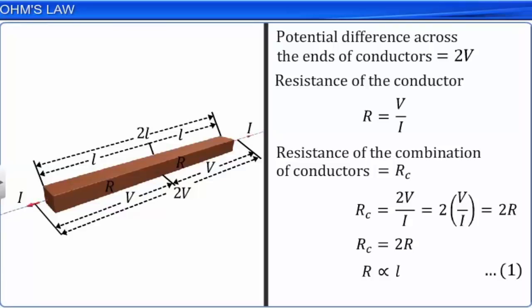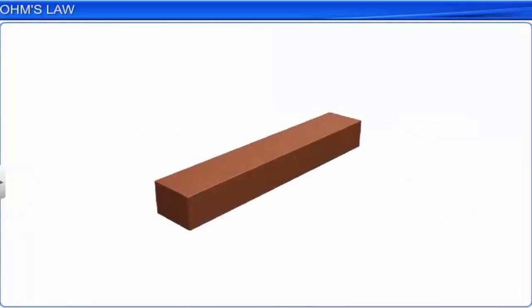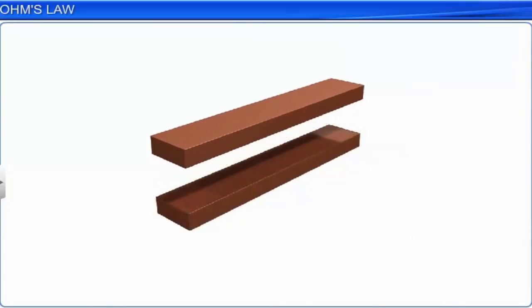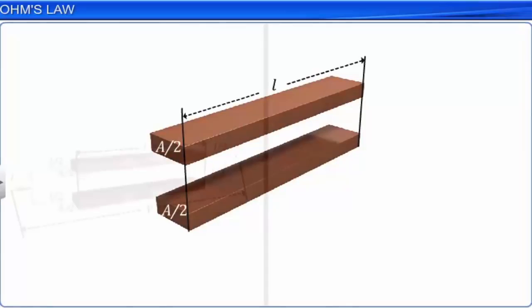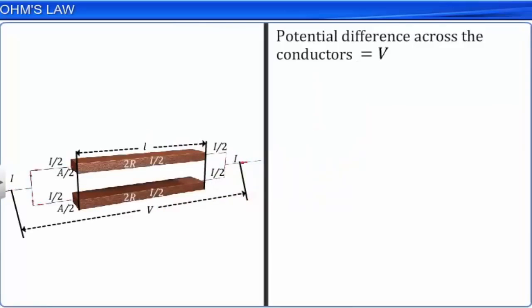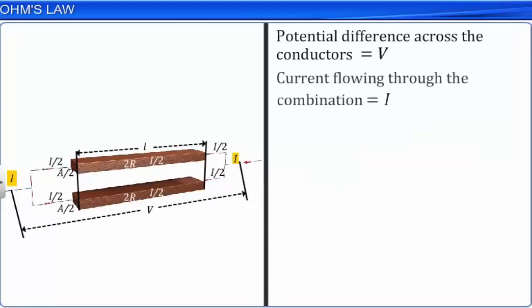Coming to activity 2. Let us divide the conductor into two by cutting it lengthwise so that it can be considered as a combination of two identical conductors of length L, but each having a cross-sectional area of A by 2. The potential difference applied across the two conductors is V. If I is the current through the combination of the conductors, then the current flowing through each conductor is I by 2.